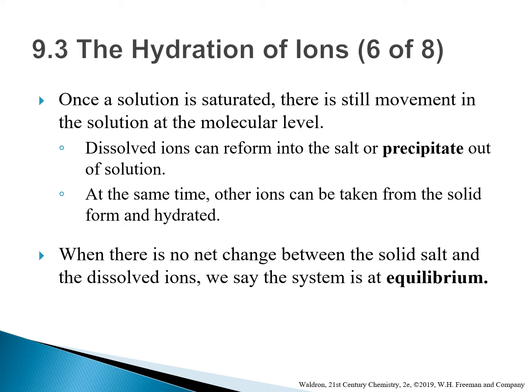In this case, the ions are falling out of solution and re-entering the solid phase. Now we have a few water molecules available to hydrate other ions from the salt. These reactions are going back and forth endlessly. When a saturated solution has been sitting long enough, there is no net change in the size of the salt pile, and we say the system is at equilibrium.